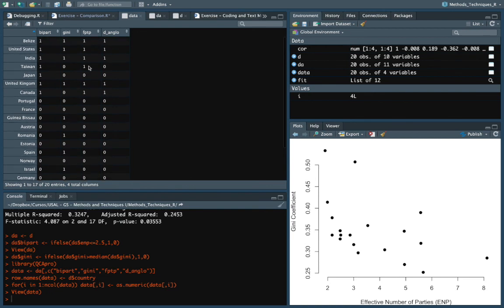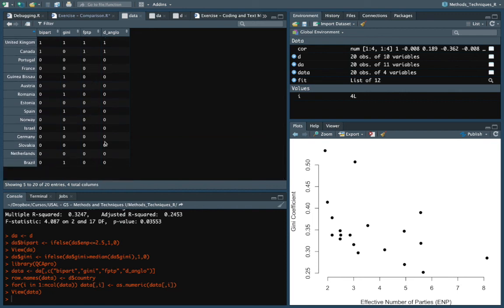So we can exclude Gini because it's always present both in bipartisan and other countries. And these ones are present always in bipartisan, and they are absent in other multipartisan countries. So we need to check this.